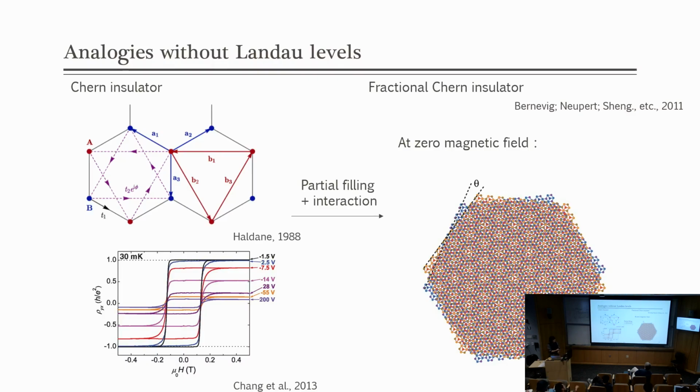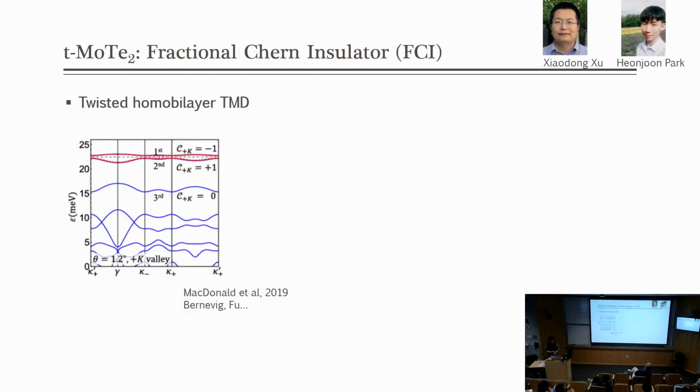And at zero magnetic field, one way to realize it, as proposed by Allan MacDonald et al. in 2019, is to twist the system. When you add a moiré potential, you might be able to realize it by making a very flat band.